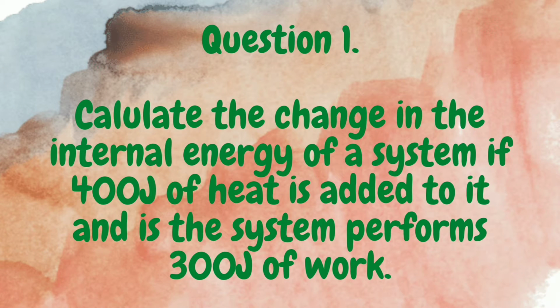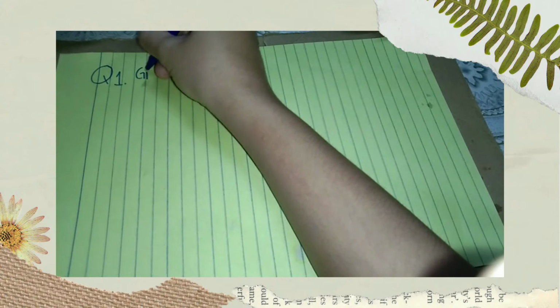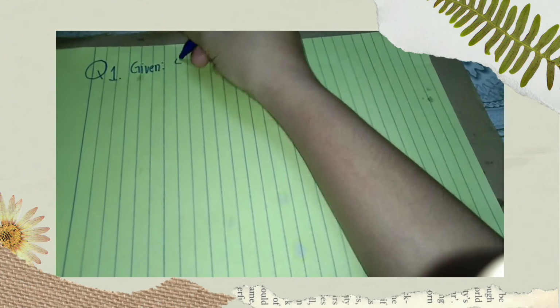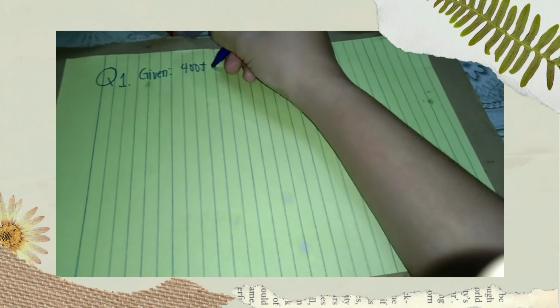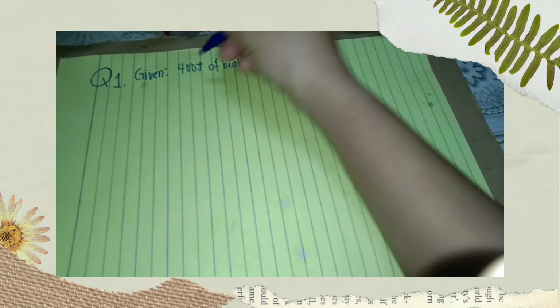Question number 1. Calculate the change in the internal energy of a system if 400 joules of heat is added to it, and if the system performs 300 joules of work. So this is the solving of question number 1. What is Q and what is W in the problem? The given is 400 joules of heat and 300 joules of work.